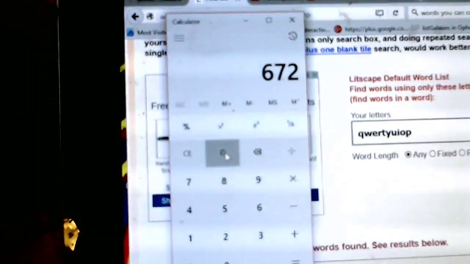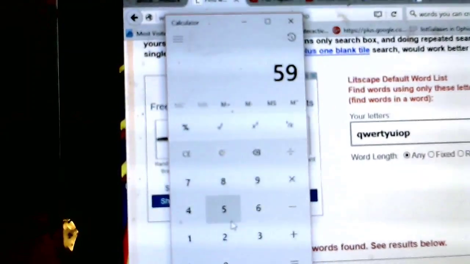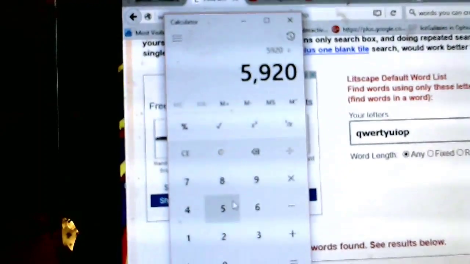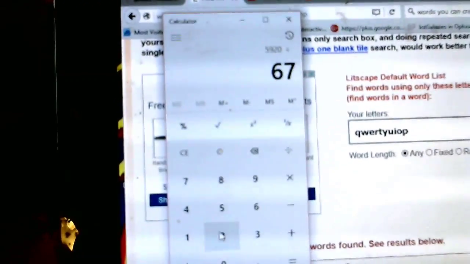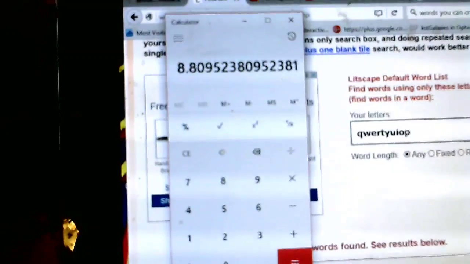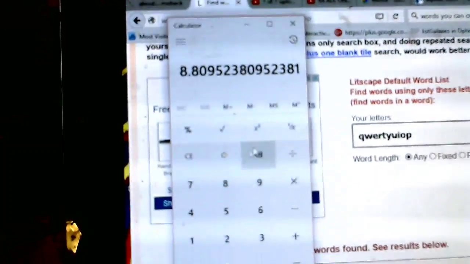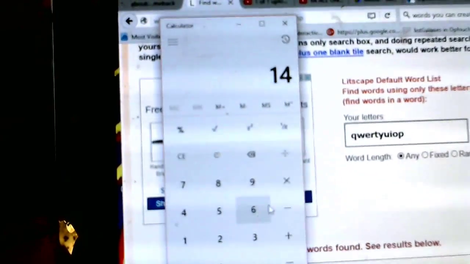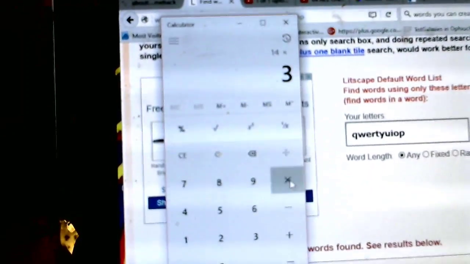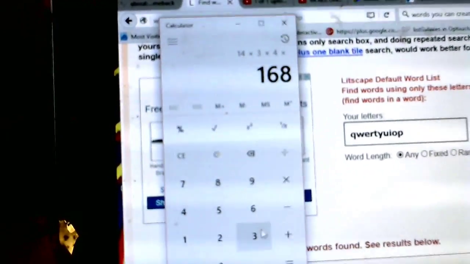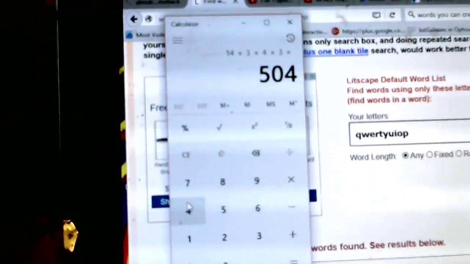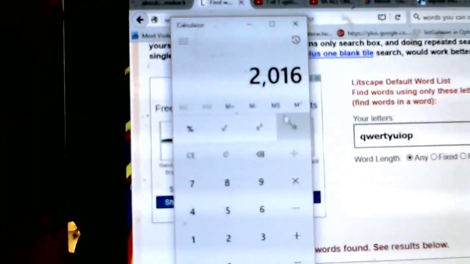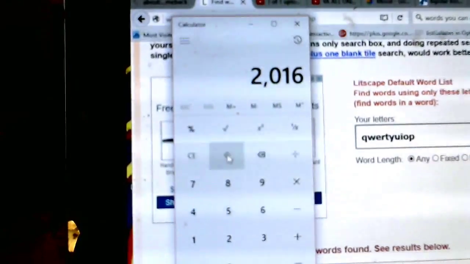Now we're going to erase that and go 25,920 divided by 672. I don't know if I did this right. No, that's not what I was looking for. I'm just trying to see if I times 3 times 4 times 3 times 4. That's it. So what you have to do, I did it backwards.